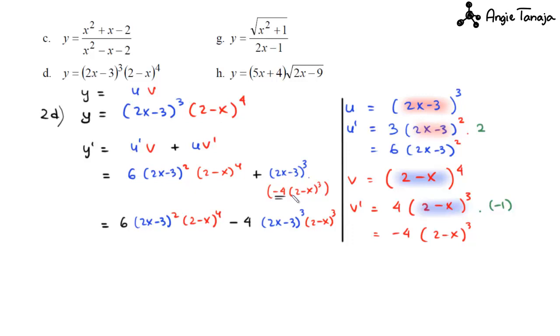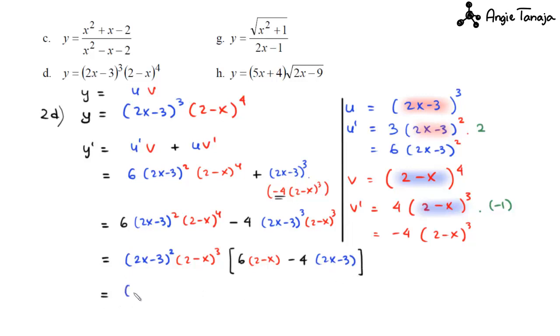Okay. And then you see they are divided into two big terms and they share the same thing. So we can factorize to simplify. What we have in common is 2x minus 3 squared and 2 minus x cubed. The remaining is 6 times 2 minus x, minus 4 times 2x minus 3.